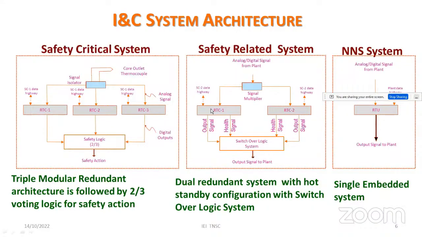Both systems will be scanning the plant inputs and do the processing and give the output signals and health signal. Depending upon the healthiness of the system, the switchover logic will route the output to the plant. Initially, RTC1 system's output will be routed to the plant. If RTC1 fails, then RTC2 system's output will be routed to the plant. For NNS, single dedicated embedded system is used.